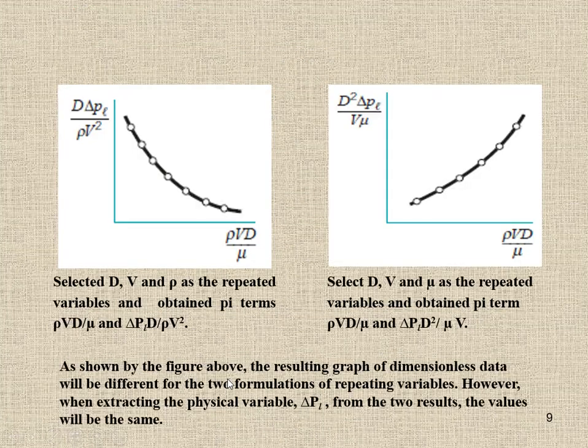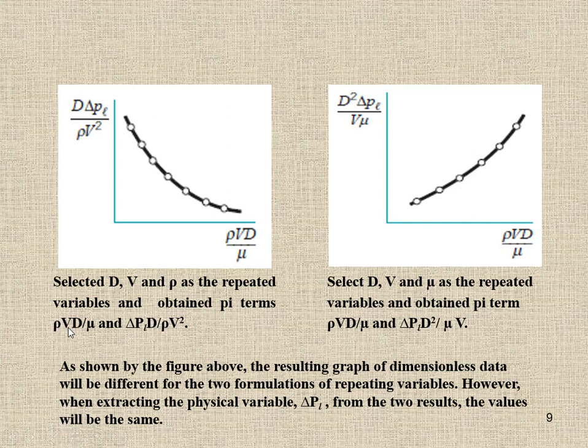Here you can see we have two graphs. The first graph shows where we selected d, v, rho as the repeated variables, and the dimensionless parameters we got by considering these repeated variables.